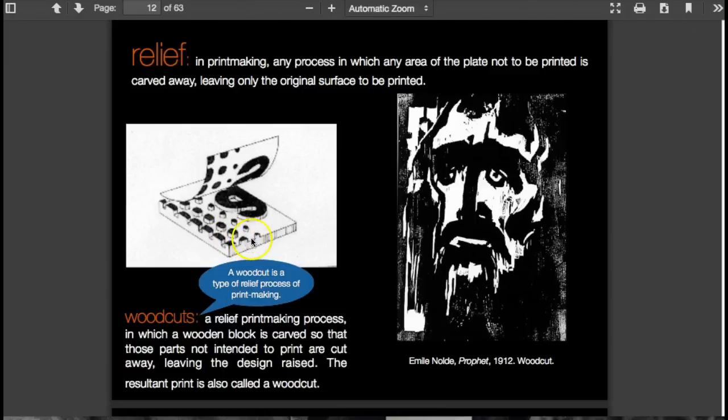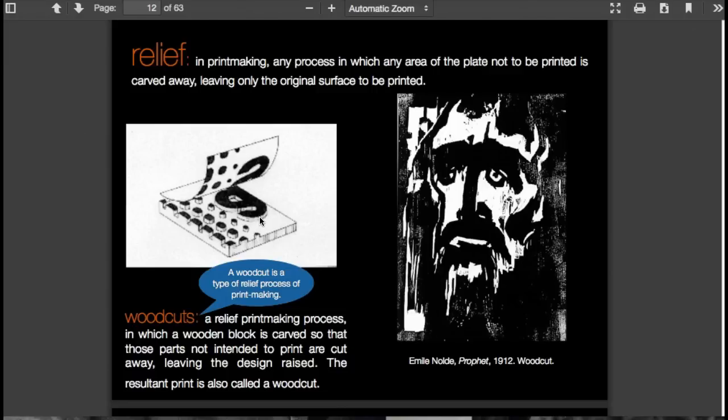So you have to imagine that this black space is what the whole surface looked like originally. What is white is what was carved away, right? So when you make the print, you have this relief, these pieces jutting out that are inked, and that's all that the ink sticks to, and that's all that gets printed. So that's why we call it a relief process.